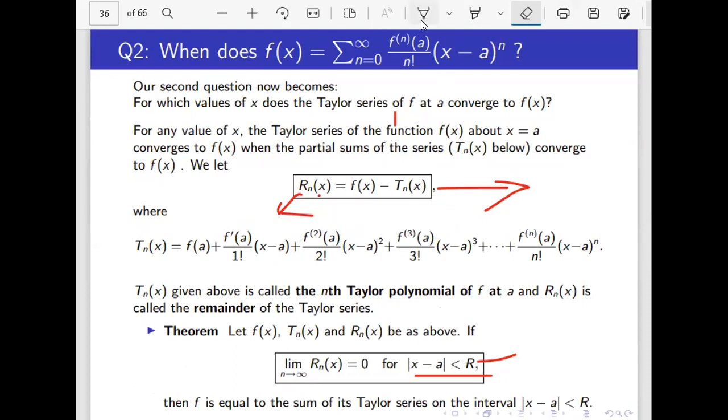Since this is a Taylor expansion, we give it a name: this is a Taylor polynomial. That's it, right? So now we check the difference between the original and this Taylor polynomial, and we investigate the error between these two.